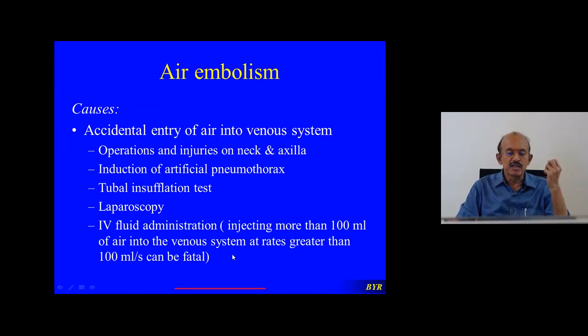Then during IV administration, when you are giving some saline infusion to the patient, by chance, by any accident, if you inject air into the tube, 100 ml can be fatal to the patient. Here, artificial pneumothorax. Artificial pneumothorax is nothing but insufflation of air into the pleural cavity to produce pneumothorax.